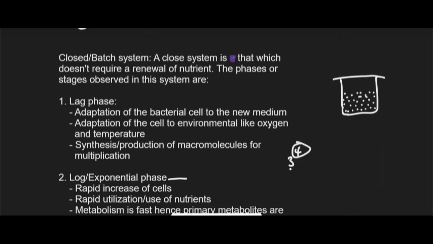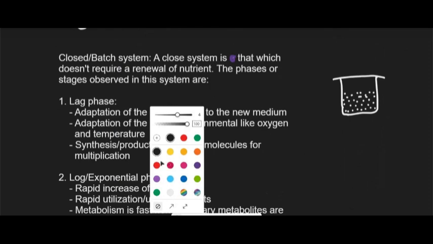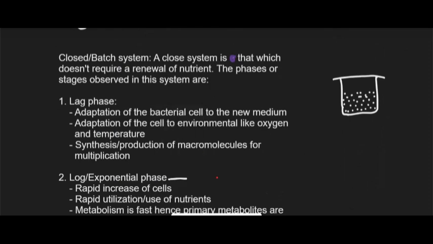Does that make sense? Right. So there is a big increase there, and that's why it is called the exponential phase. So the first thing that is observed there is a rapid increase in the number of cells, right?